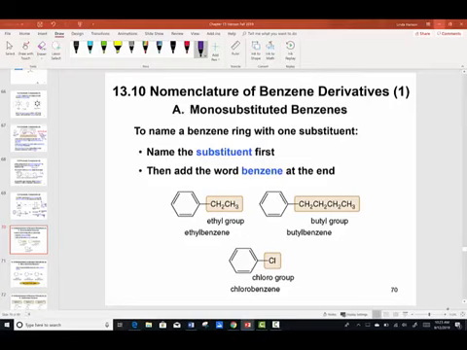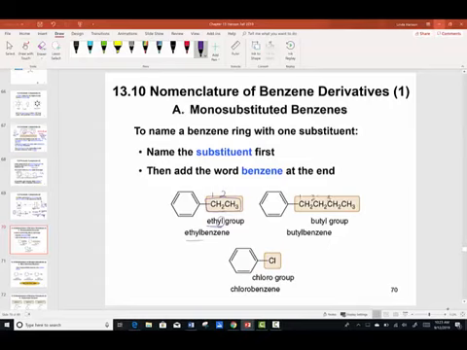So very similar rules to the IUPAC that we've been practicing before. When we're naming a benzene ring with a substituent, we label the substituent in alphabetical order. Here we have 2 carbons off of a benzene ring. That 2 carbon has a root word ethyl. Notice the YL telling me it's a substituent group. So we name that simply as saying ethylbenzene, all one word.